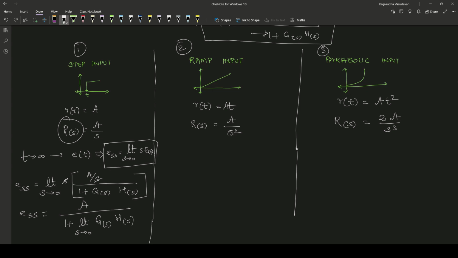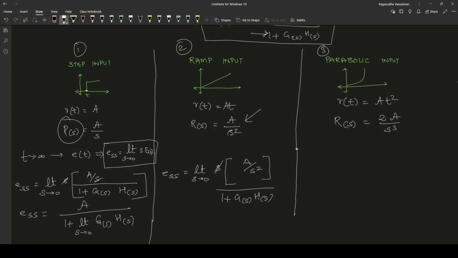So for a ramp input, what is the steady state error? The value of R(S) will differ. So we are going to do the same with R(S) = A/S². ESS will be limit S tends to 0, S into (A/S²) divided by 1 plus G(S) H(S).